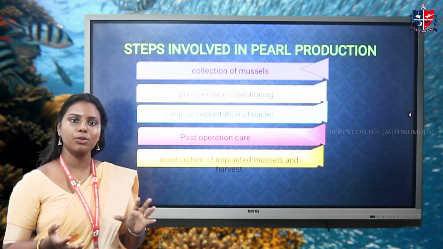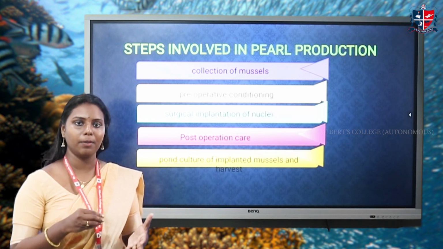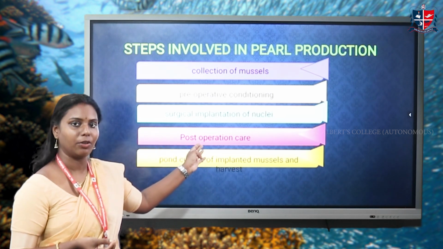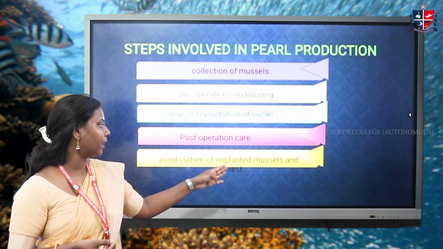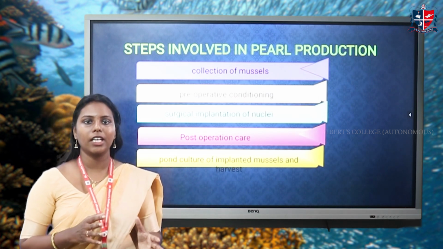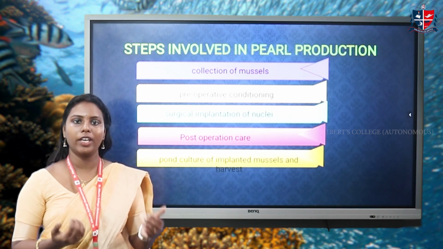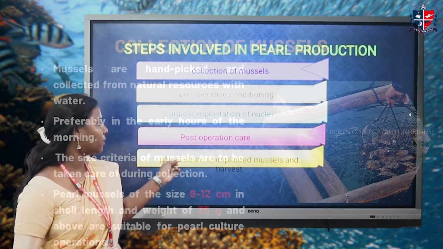After inserting the nuclei inside the mollusk, we give post-operative care to that organism. The last step is the pond culture of the implanted mussels and harvest. We harvest the mussels in the pond or other systems to take out the pearl. We will see the details of each process.